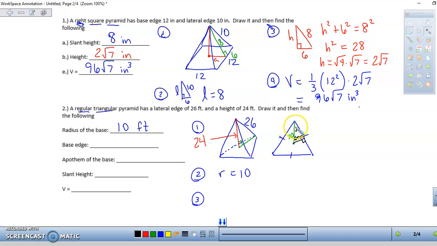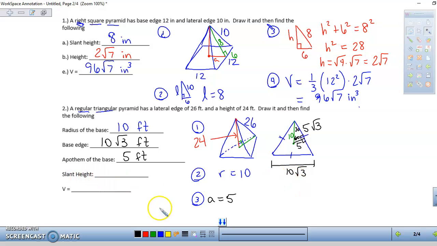Kind of crammed it in there. So I know the radius is the hypotenuse of that triangle. So that means I can use the 30, 60, 90 to figure out the apothem, which is 5 feet. And then half the base edge here would be 5√3, which means the entire base is going to be 10√3. Okay, and you could maybe label it that here. So that's 10√3.